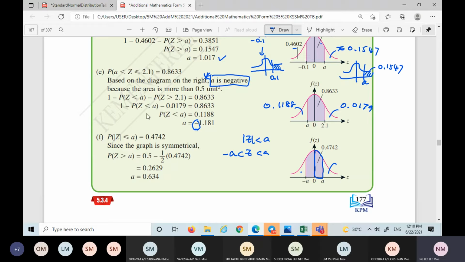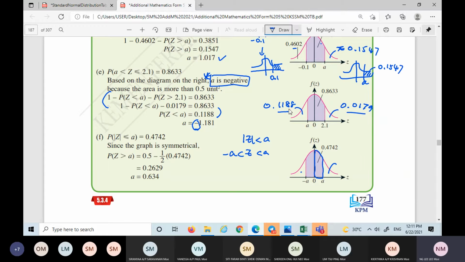All this, if you don't want to write, is okay. You just sketch the graph and then do like mine, then just give the answer. All these are the steps. Actually, there's no mark, but all this you must show. How you get this?